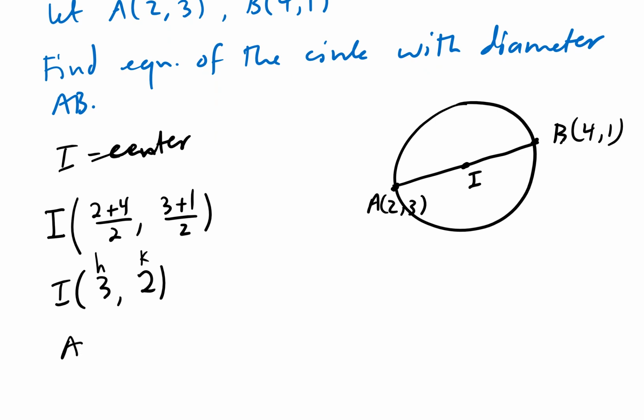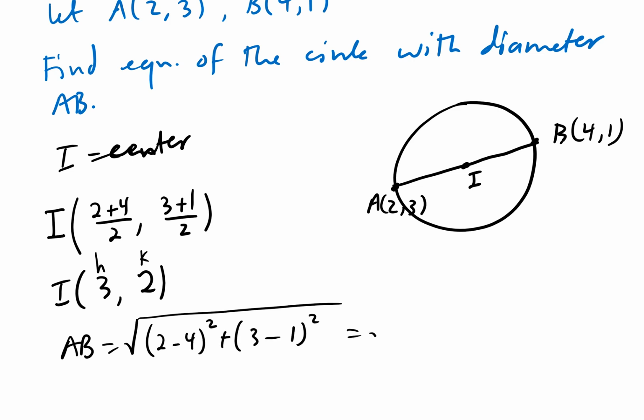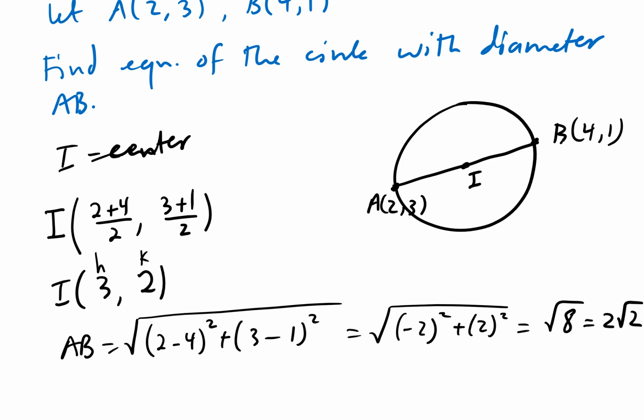Now we find the distance AB. The distance AB is the square root of (x of A minus x of B) squared plus (y of A minus y of B) squared. That gives me negative 2 squared plus 2 squared, 4 plus 4, 8, which simplifies to 2 square root of 2. That's the length of the diameter AB.